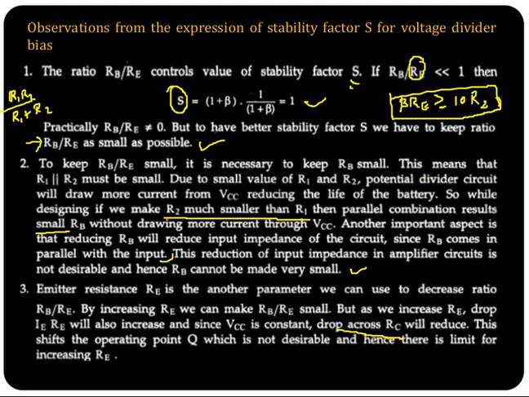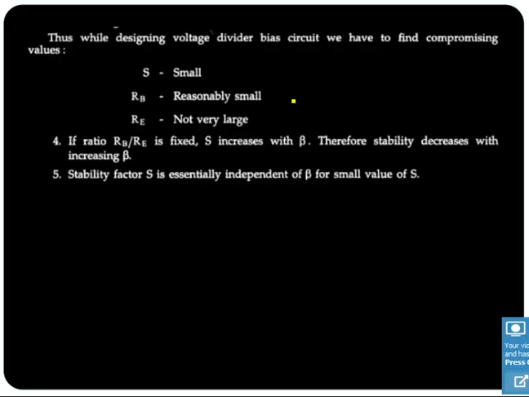That is why the stability factor is showing some limitations in the designing of the voltage divider bias circuit. So when designing this voltage divider bias circuit, S has to be maintained small. In order to keep the stability factor S small, this RB has to be reasonably small and RE should not be very large also.